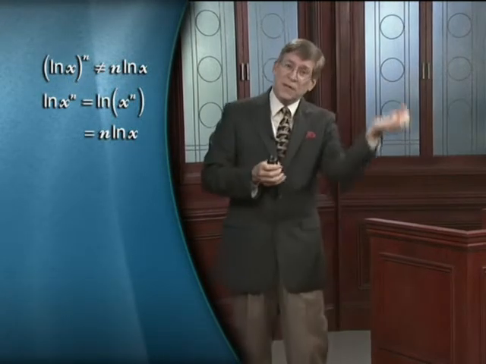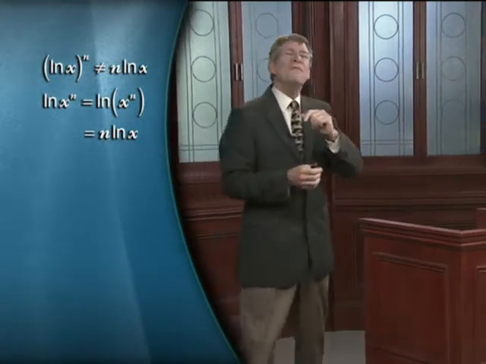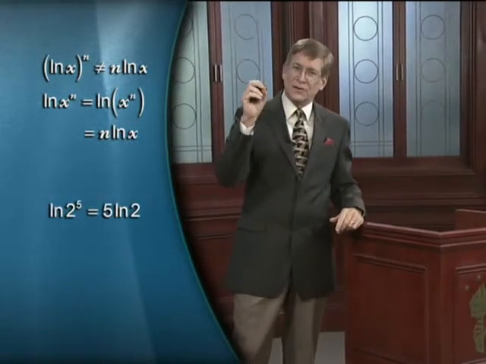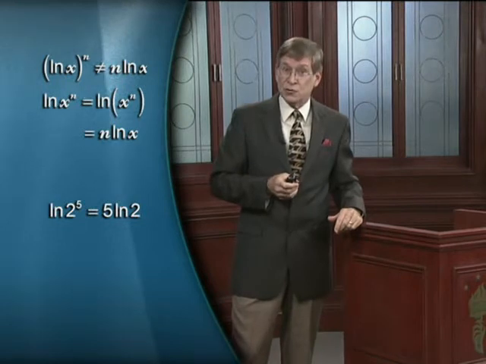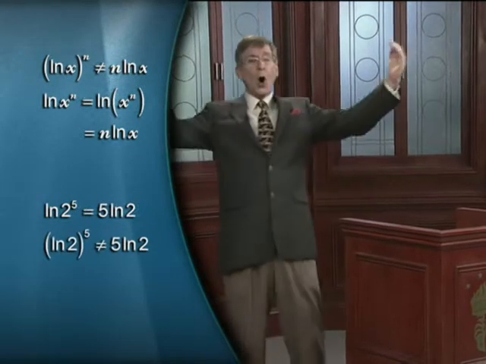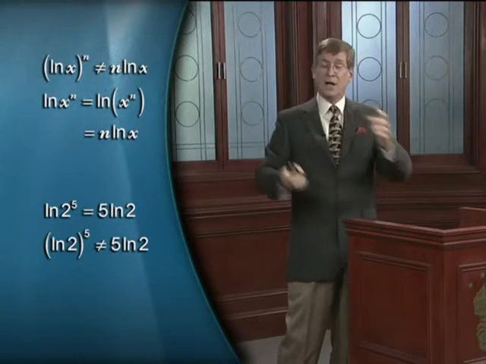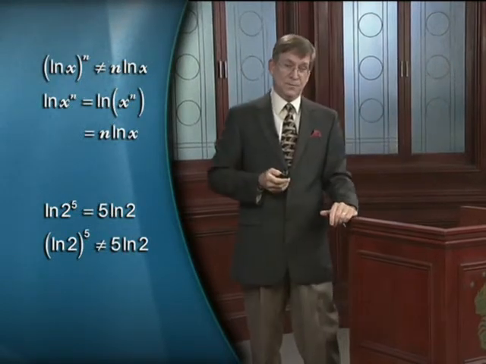And then you can move the n into the front. For instance, log of 2 to the 5th is the same as 5 log 2. That's true. But log of 2 all to the 5th power, the entire log to the 5th power, is not 5 log 2. So be a little careful there.